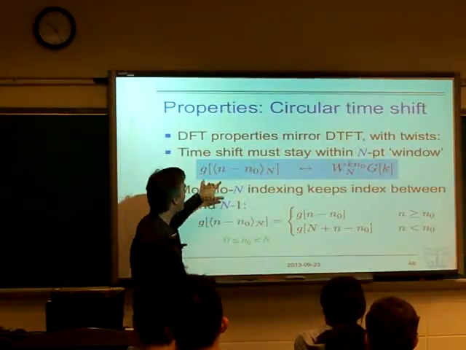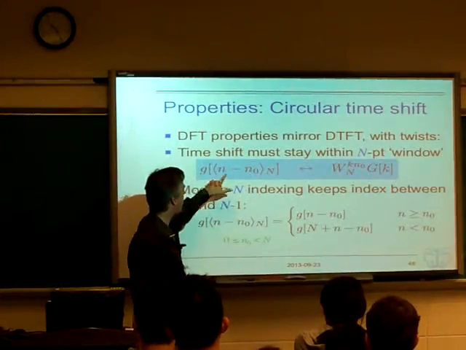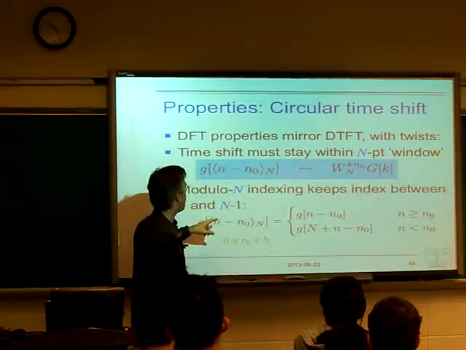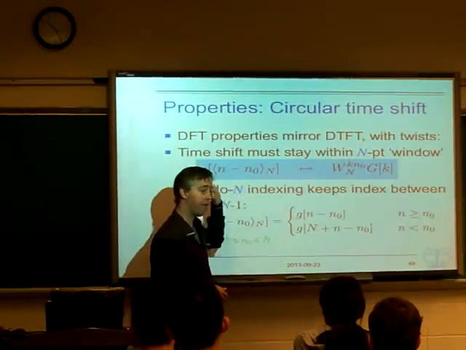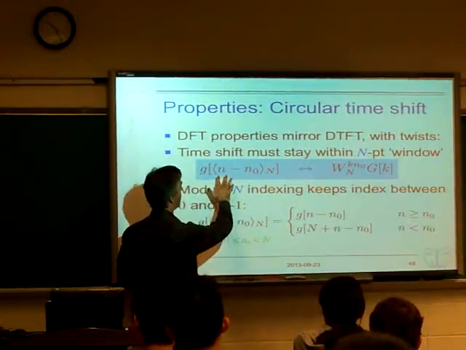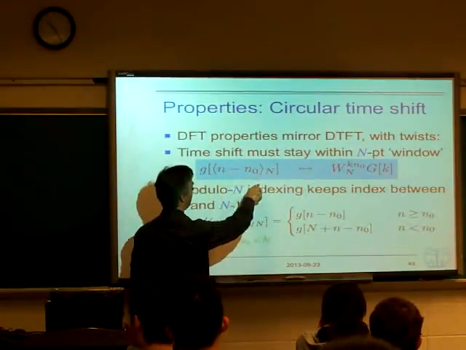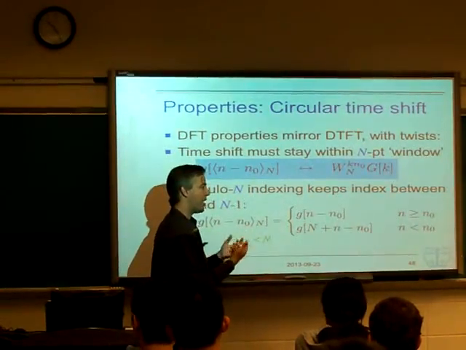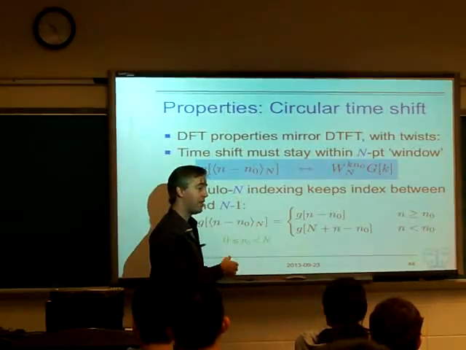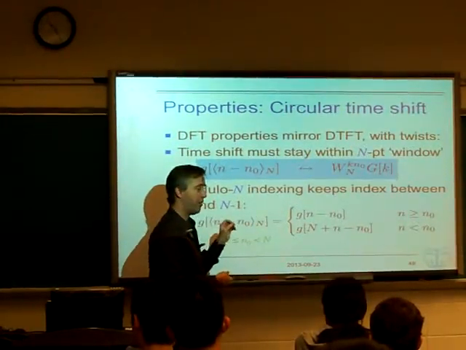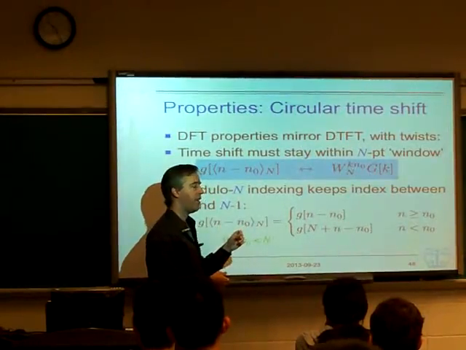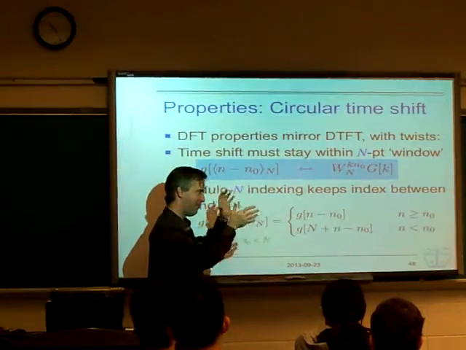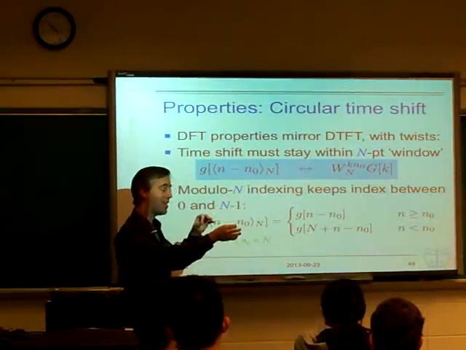And so in the discrete Fourier transform domain, the time shift becomes modulo N. So when you push something out of the end, it reappears at the beginning. If I've got some set of values n from 0 to 3, and I'm trying to calculate a new sequence which is that delayed by 2, so h of n is g of n minus 2, then how do I find my point in the sequence I'm delaying?